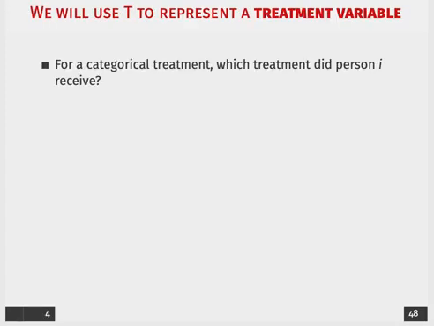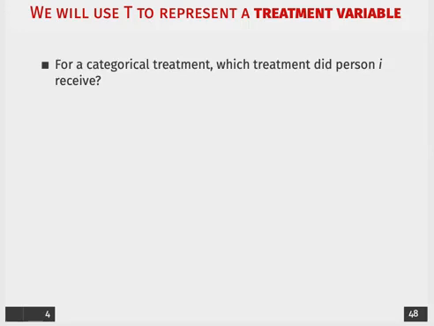So before we move on, I want to briefly discuss the notation that we're going to be using to outline a potential outcomes framework. And this will make sense in a little bit when I actually talk about the outcome. But for right now, you can imagine that there may be some categorical treatment that a given person is meant to receive. And rather than using a medical example, we could also think of a context in which there may be an organization that wants to get out the vote and they want to see what messaging strategies work best.